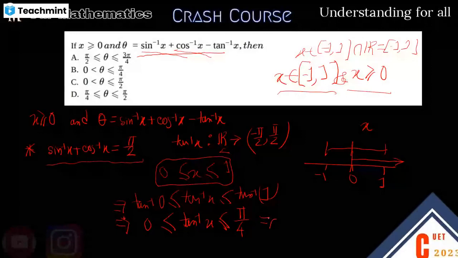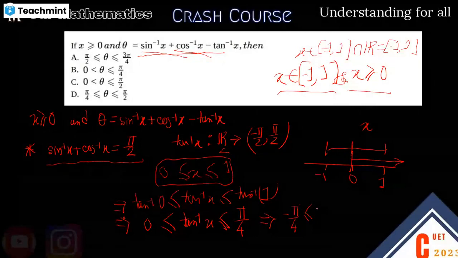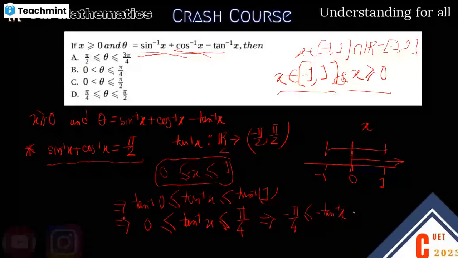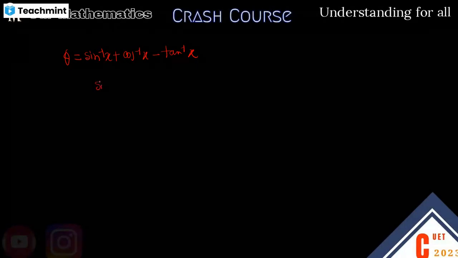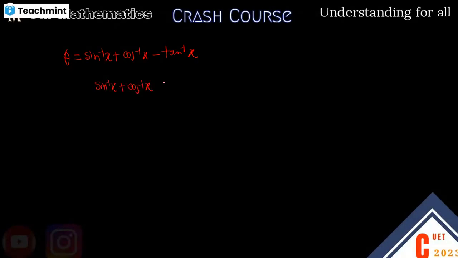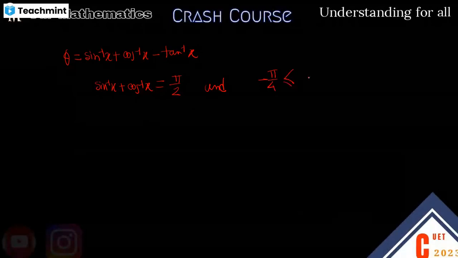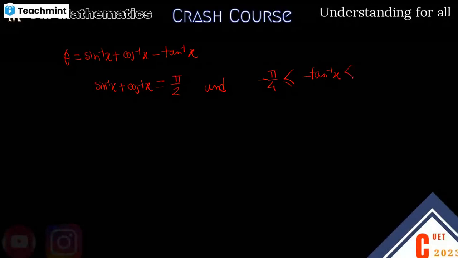That means minus pi by 4 is less than or equal to minus of tan inverse x is less than or equal to 0. Now what did we get? First we have theta is equal to sin inverse x plus cos inverse x minus tan inverse x, and sin inverse x plus cos inverse x is equal to pi by 2, and minus pi by 4 is less than or equal to minus tan inverse x is less than or equal to 0.